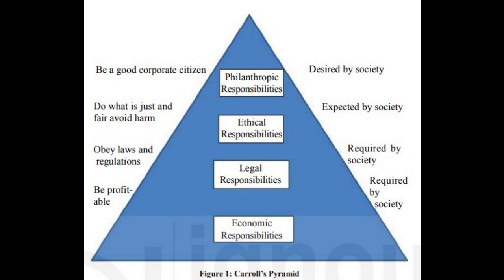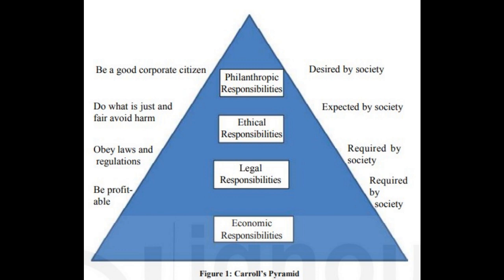The business is expected to operate following certain laws and regulations, which forms the second part of the pyramid. The existence of a legal and regulatory framework in any country significantly affects the multinational investments in these countries.